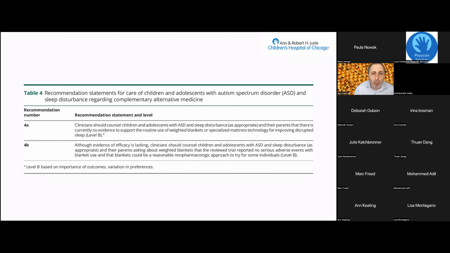We should be aware of alternative treatments: weighted blankets, special mattresses, aromatherapy. The evidence is very poor that they do anything. However, the risk of using them is very low.